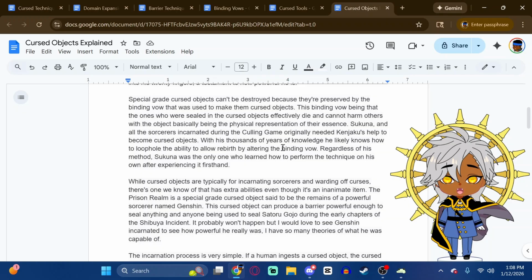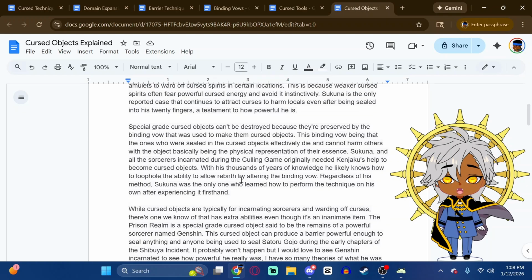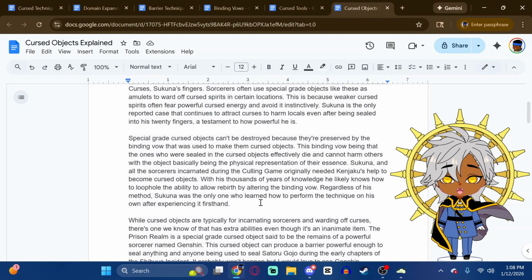With his thousands of years of knowledge, he likely knows how to loophole this ability to be able to give himself the altering binding vow. So, regardless of his method, Sukuna was the one who learned how to perform this technique on his own, and after experiencing it firsthand.